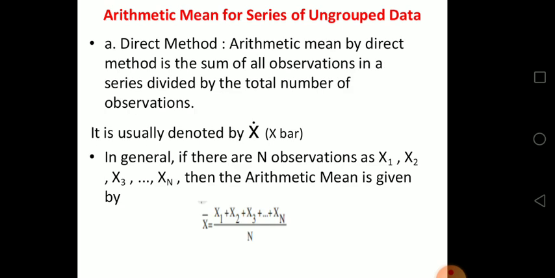Okay, so let's look at the arithmetic mean for series of ungrouped data. We have two methods, and the first method is the direct method.